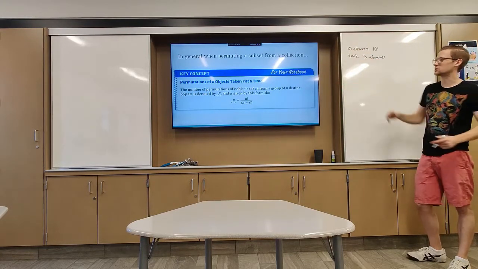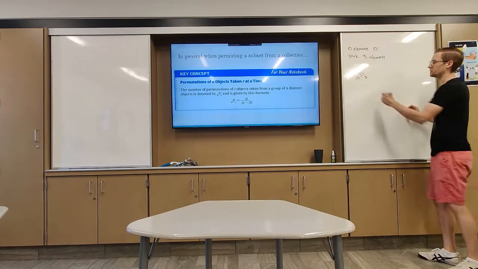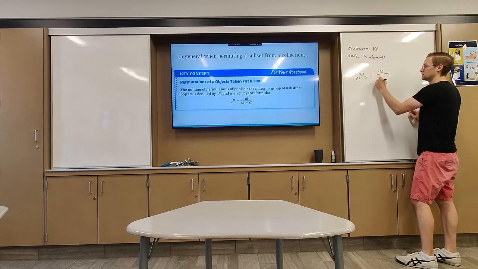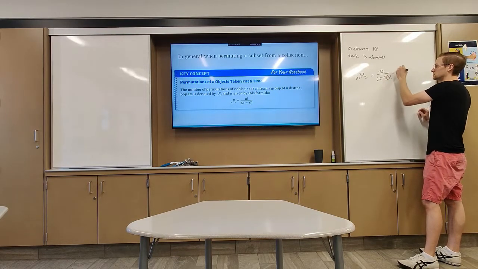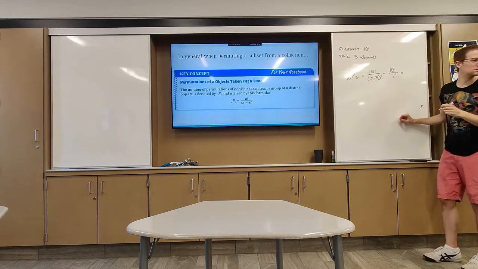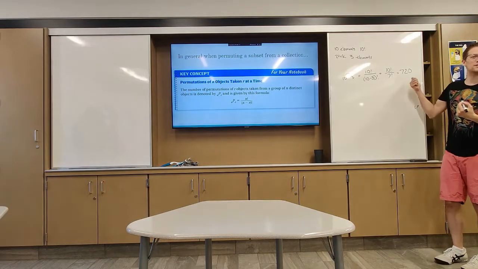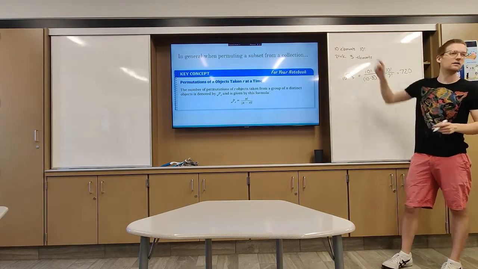You use this equation, so that gives you 10P3, which is 10 factorial divided by (10 minus 3) factorial, which is 10 factorial divided by 7 factorial, which is 720. So there's 720 different ways that I can pick 3 elements out of these 10.